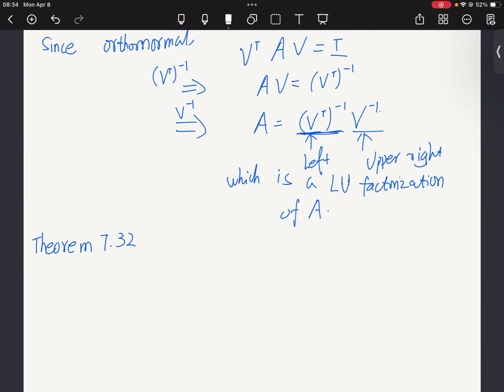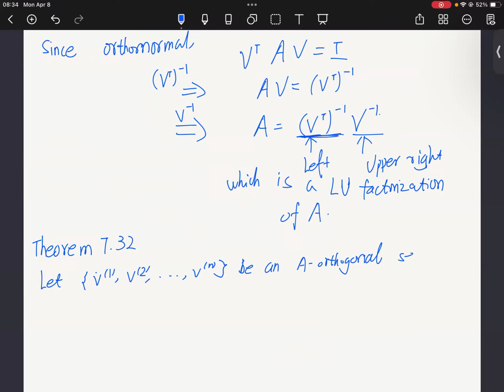And here we have, okay, so we just talk about the A orthogonal vectors. And so let V1, V2, up to Vn be A orthogonal vectors, an A orthogonal set of non-zero vectors.